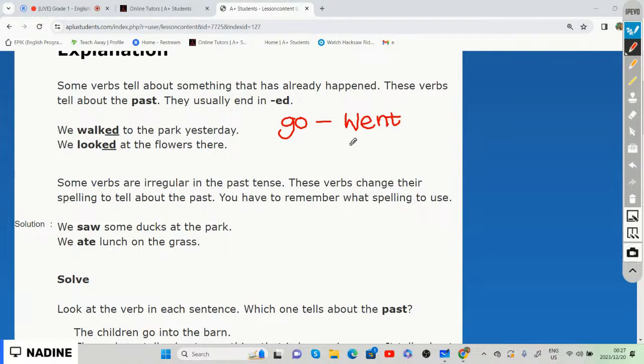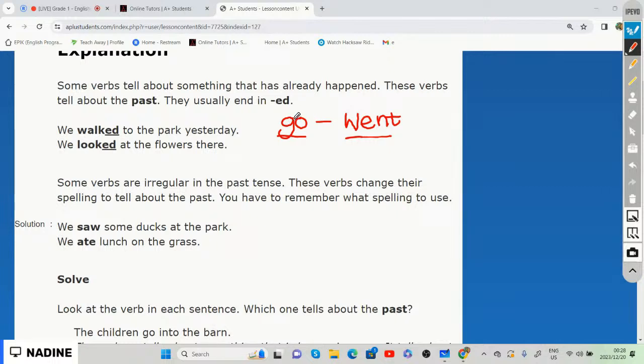If you look at these two words, can you see how the verb has changed its spelling? It went from go being the present tense, and the whole word changed to went.